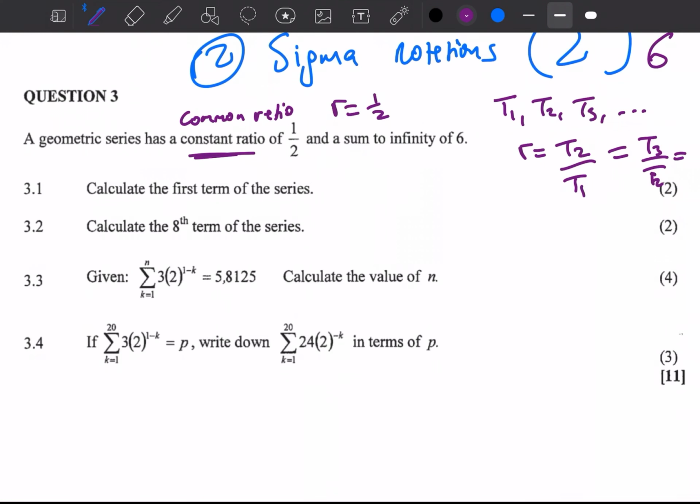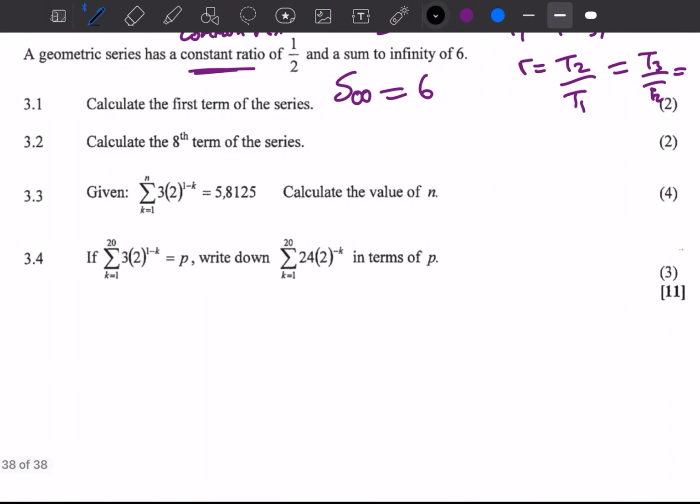Okay, so in this case we are given R, and we are told that the sum to infinity is 6. We know the formula of the sum to infinity, I'm going to quickly write it somewhere here.